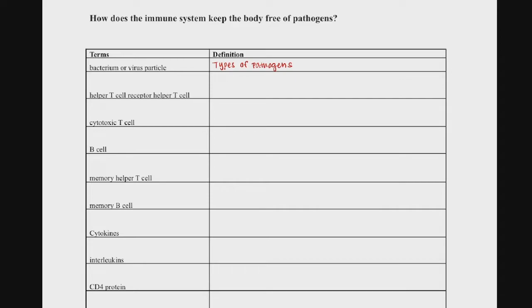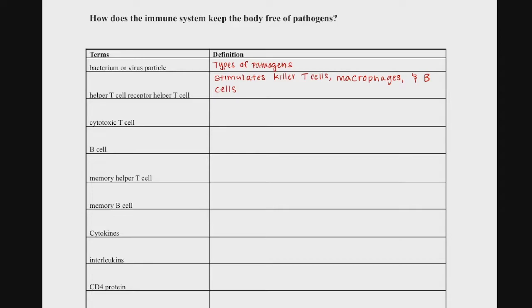And this is a type of immune cell that stimulates killer T cells, macrophages, and B cells for those immune responses.